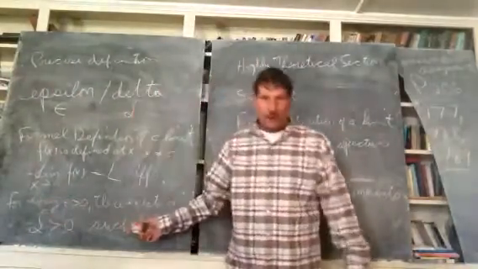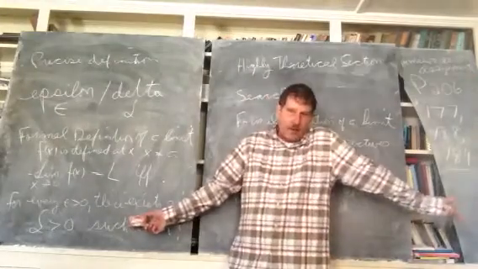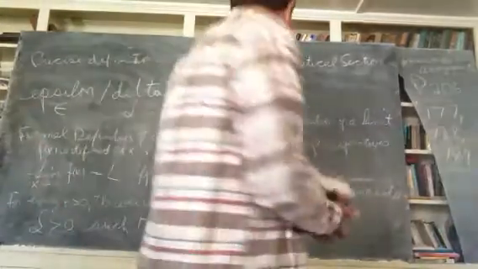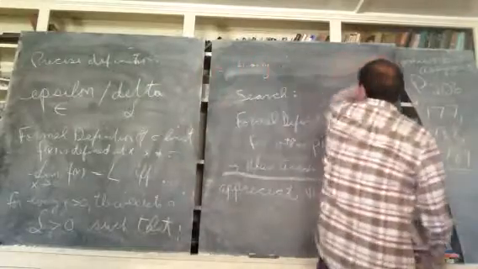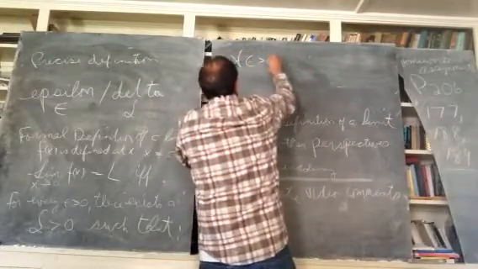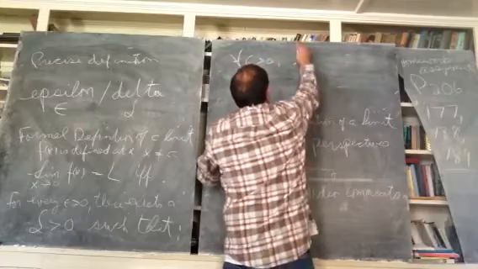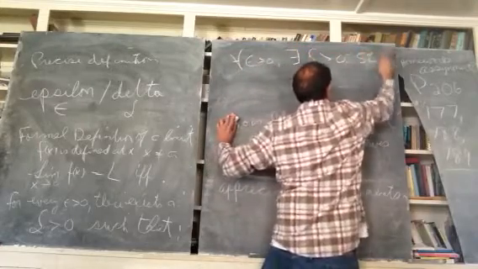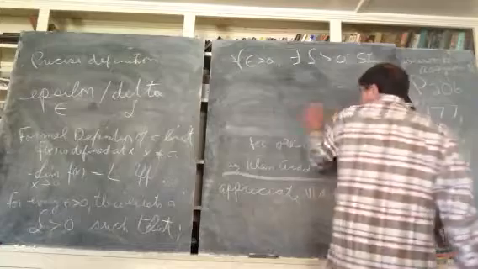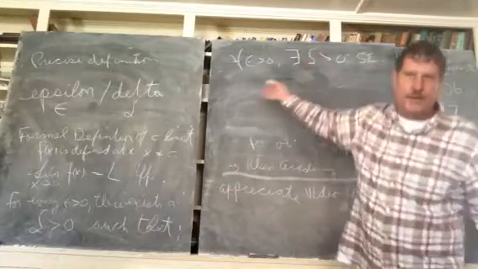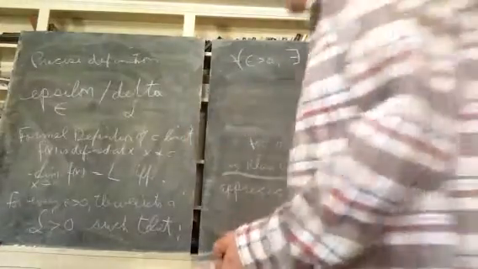By the way, when you take analysis, nearly every day you'll be proving things using this. You start out every proof like that: for every epsilon greater than 0, there exists a delta greater than 0 such that. In higher level mathematics, you're going to do this so often that that's how you write this sentence.